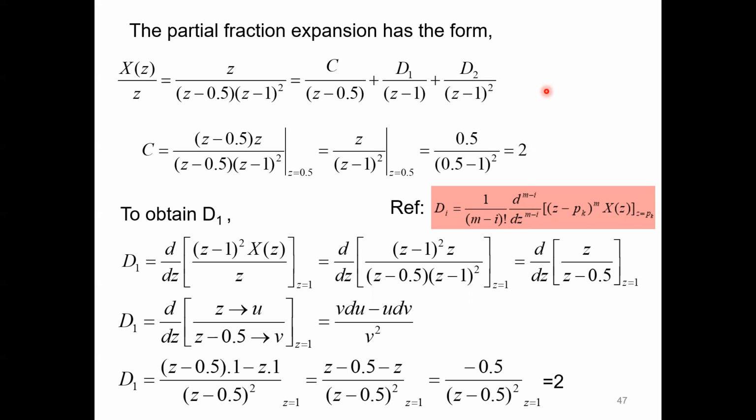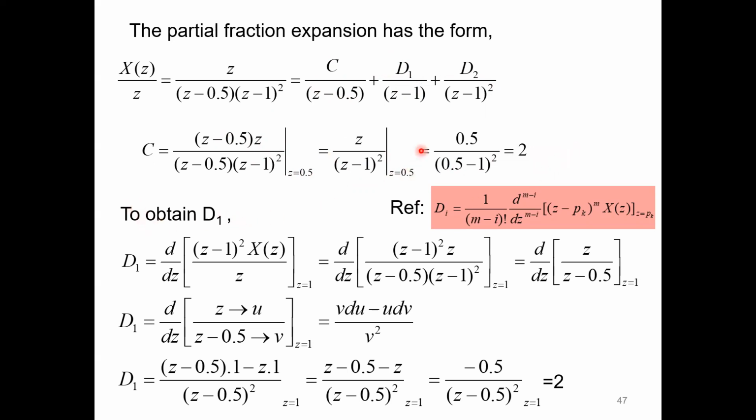Then you have to calculate 3 terms, C, D1 and D2. You calculate C using the previous method, the cover-up method, pretty standard stuff, with z equals 0.5. And the answer is 2. I'm not going to work it out again because we have done it already.